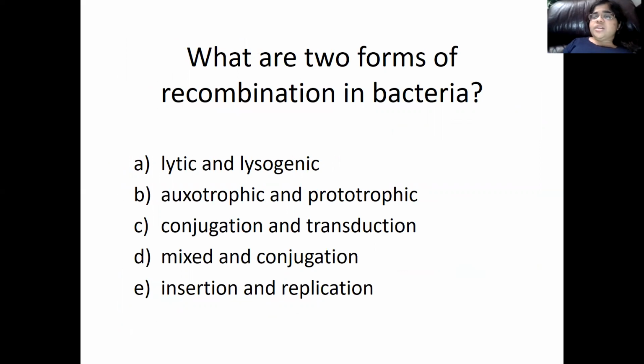What are two forms of recombination in bacteria? Lytic and lysogenic are not recombining in bacteria. That's more about how bacteriophages interact with the bacteria itself. Auxotrophic and prototrophic can recombine with each other, but those are classes of bacteria: one is the wild type and one is a mutant.